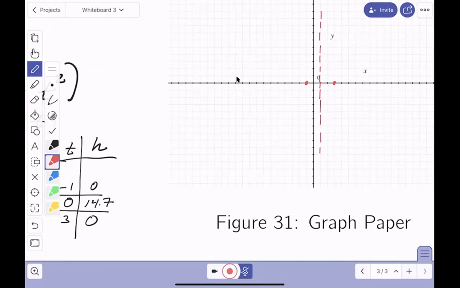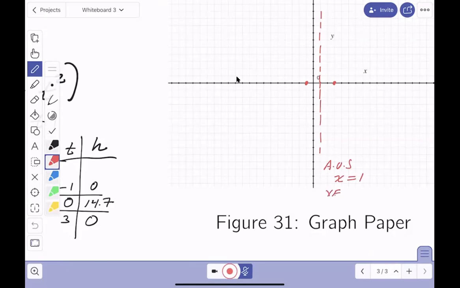Right, so it's dead center between the two. What I mean by that, there's 2 units here, there's 2 units over there. I want to get the vertex down now, right? So what's the vertex going to be? Well, the vertex is on the axis of symmetry. The axis of symmetry is going to be x equals 1.